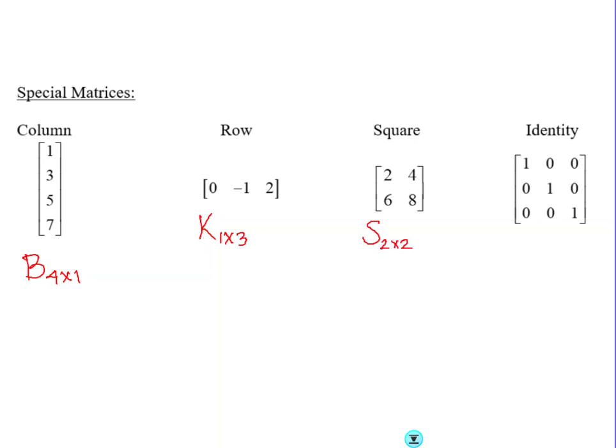Our last special matrix is the identity matrix, and this is the multiplicative identity. We'll talk more about this in a future tutorial.